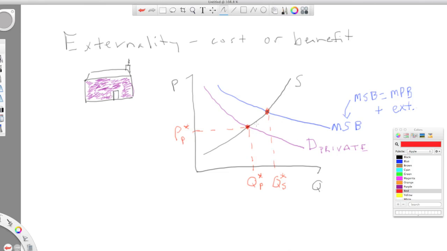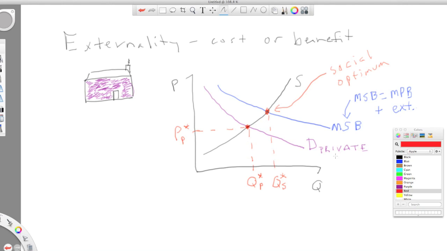So what we notice is that we end up with a private amount, the market outcome, that falls short of the socially optimal outcome. In fact, maybe we should put a label on this little point right here. And so in a lot of cases, you'll see this called the social optimum.